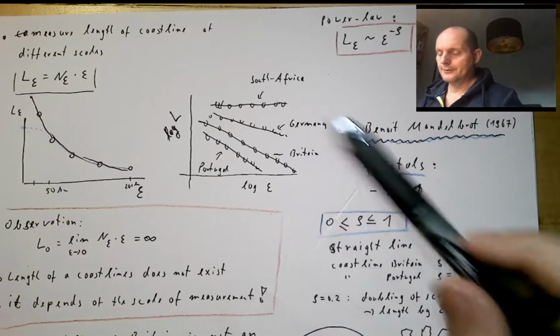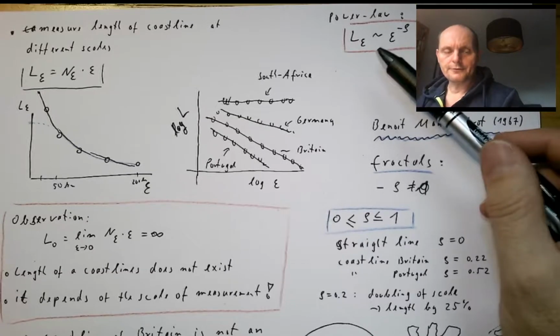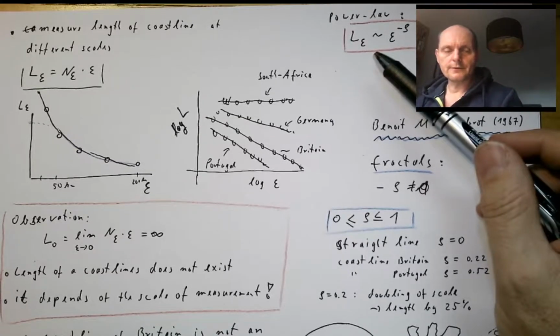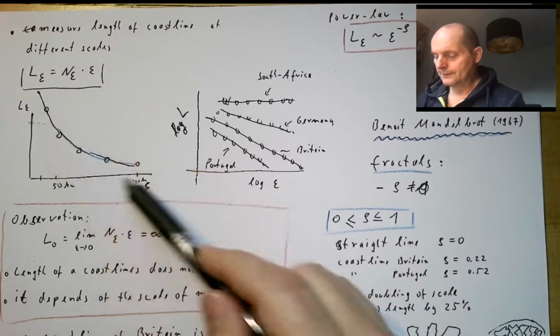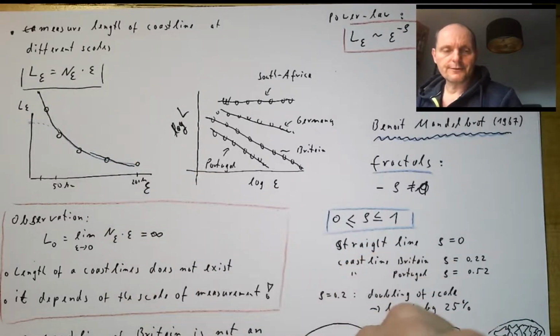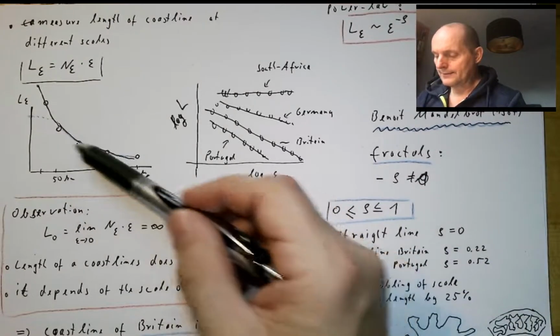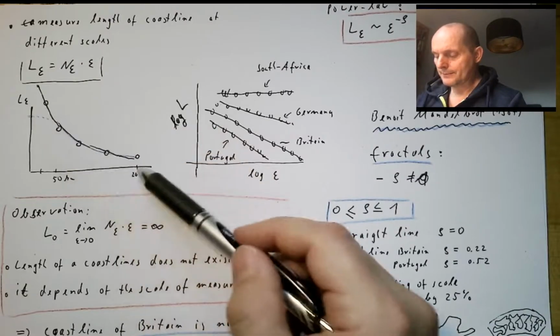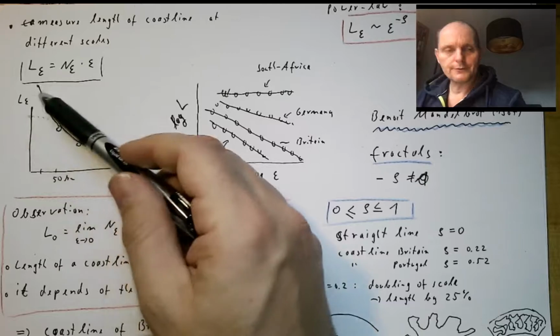So in the last lecture we saw the observation by Richardson when he tried to measure the length of the coastline of Britain, and he saw that actually this coastline is not an object which is defined, it doesn't exist for itself, because the length he finds depends on the scale, and when the scale goes to 0 the length diverges.